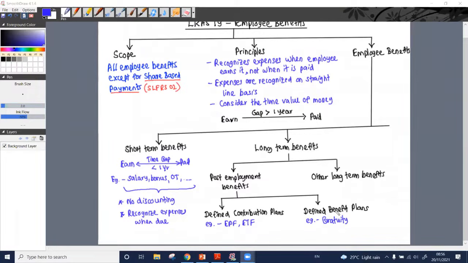So in defined contribution plans, do we use discounting? With EPF and ETF, we pay into the fund every month, and after the employee's service ends, the payment comes from the fund. The liability lies with the fund, not with the company.